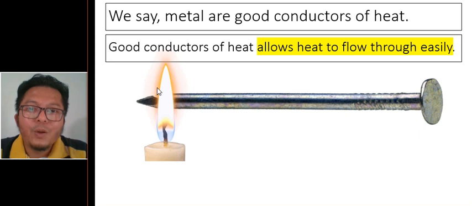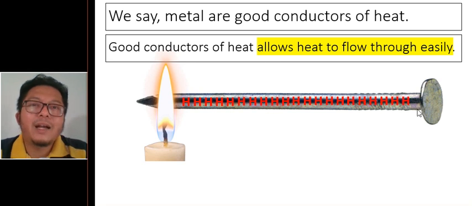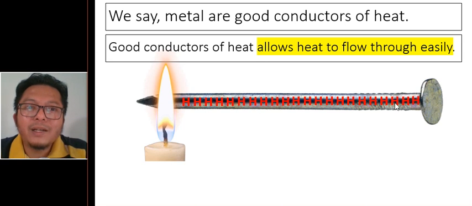Now when you put a candle at the end of the nail, what happens is heat energy moves. For metal, it moves very fast like this. Now the metal nail will become hot. From here it moves to here.